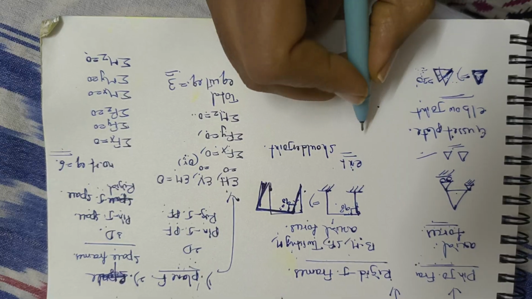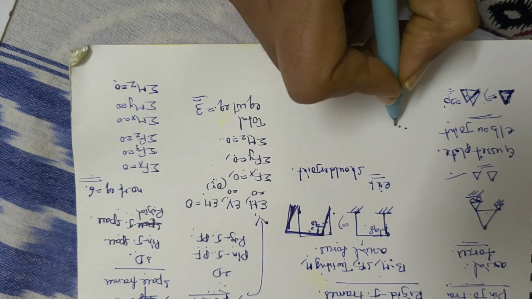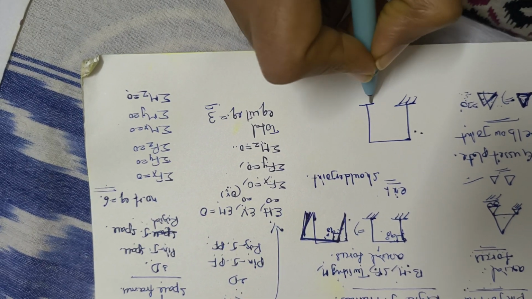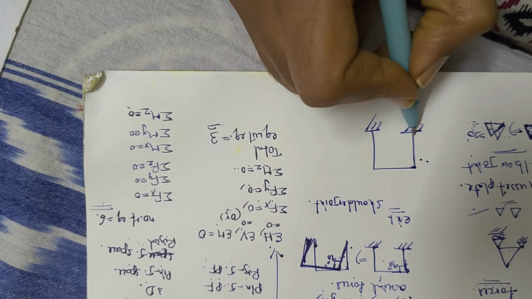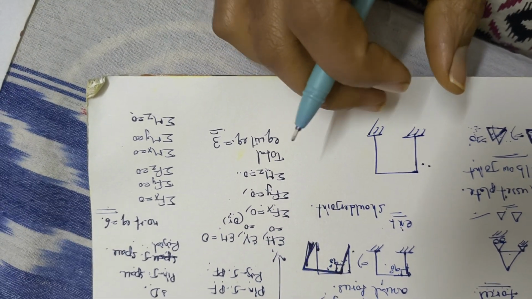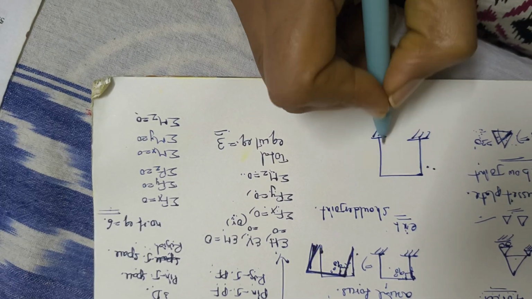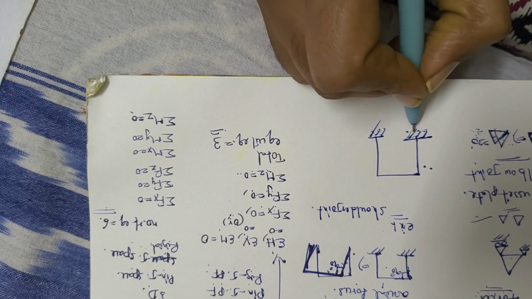Next, focus on the structures. It may be any kind, pin jointed or rigid jointed. First, for example, I'm taking a rigid jointed frame. Visually, I'm saying this frame is subjected to two fixed supports.